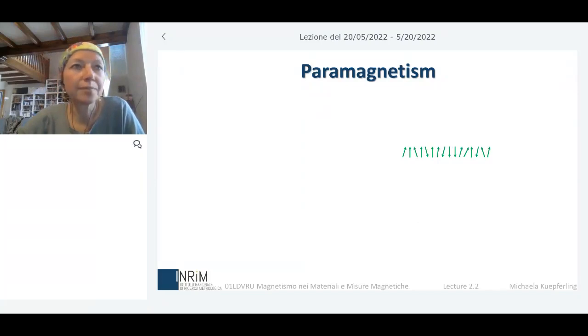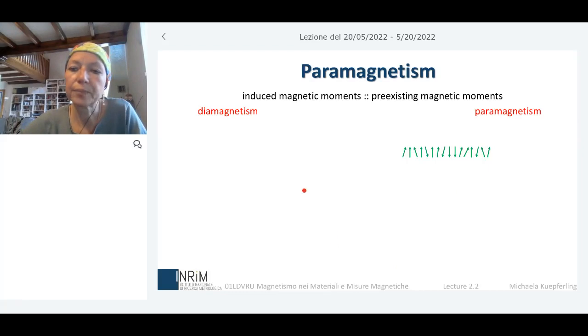But now let's move on to paramagnetism. Paramagnetism is very different from diamagnetism, as I already mentioned in the first lecture, because we have pre-existing magnetic moments, as you can see here below.